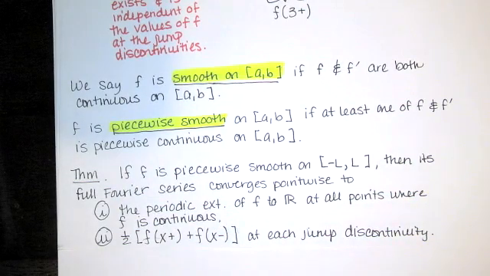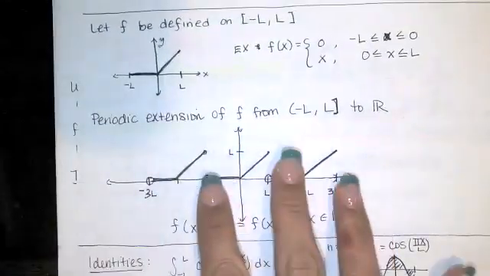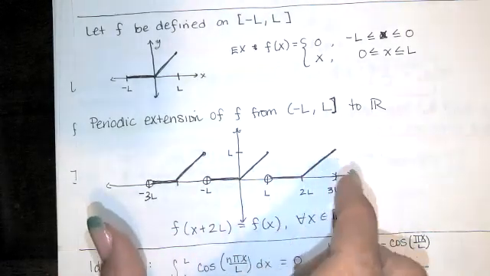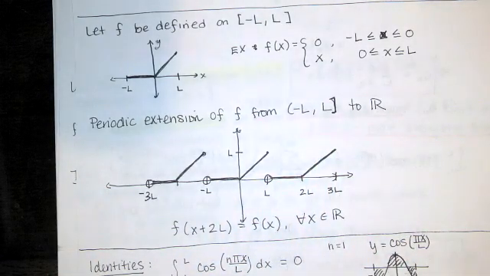Looking back at that picture that we drew earlier at the very beginning, this is our periodic extension of f, at least on that interval from -3L to 3L.